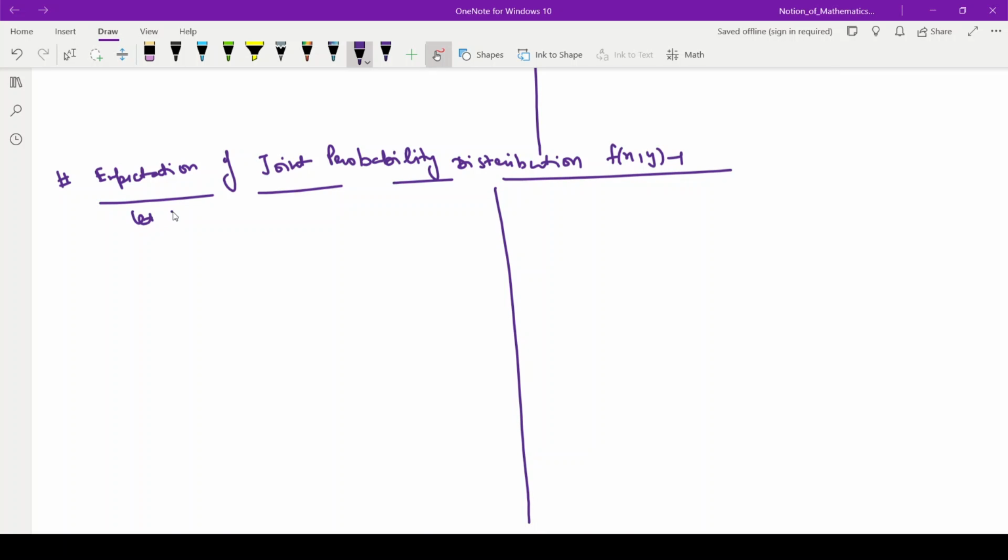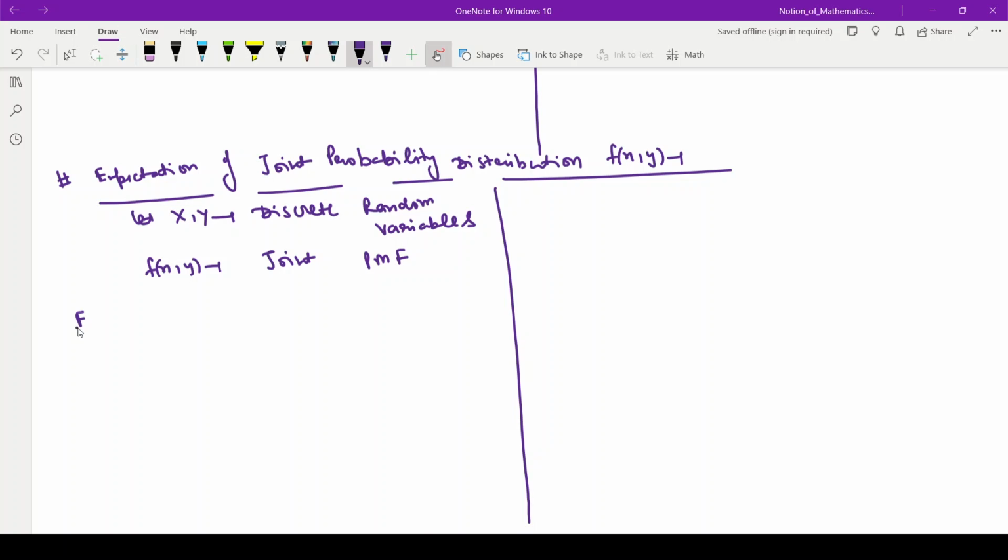Let X and Y be discrete random variables, and f(x,y) is the joint probability mass function, PMF.